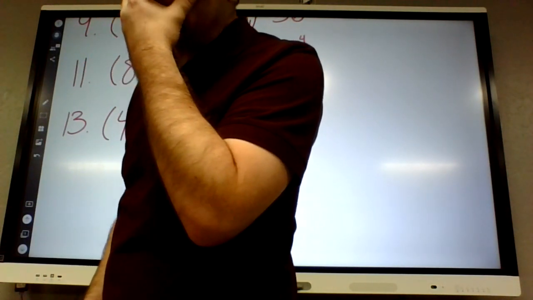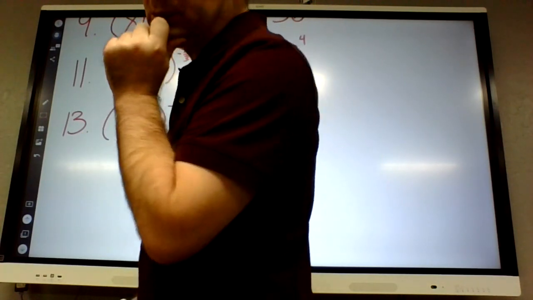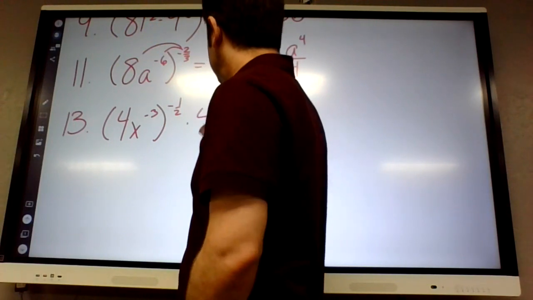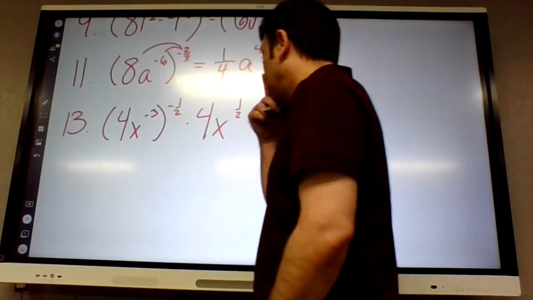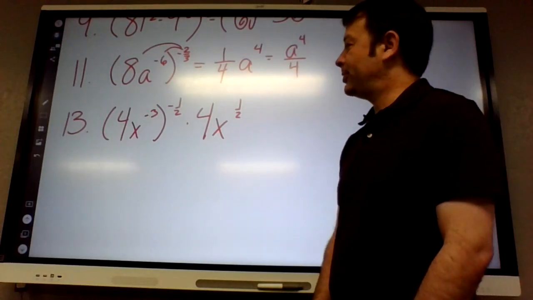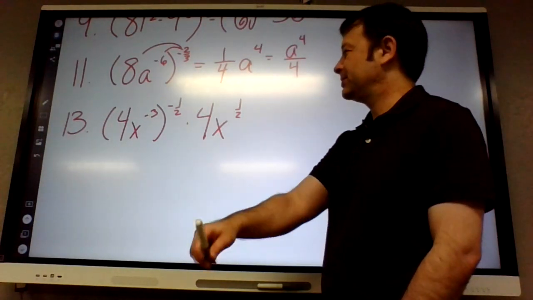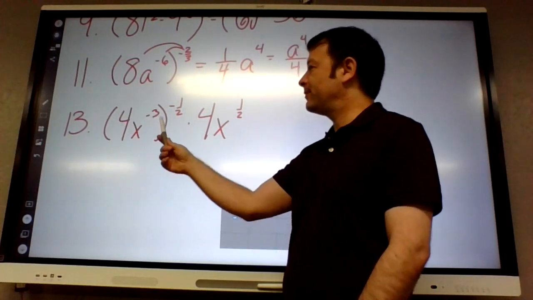Lost my place. 4x to the 1/2. Parentheses, no. Okay, order of operations, what should we do first? Exponent. We can't do anything in the parentheses there, that doesn't simplify.